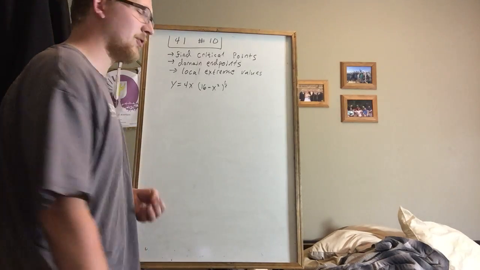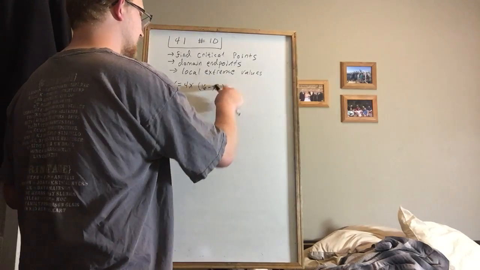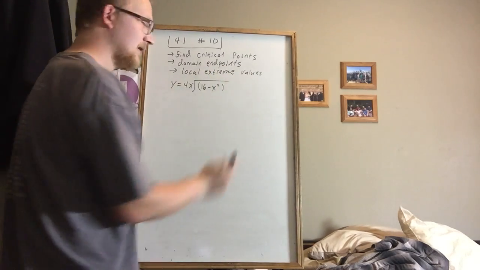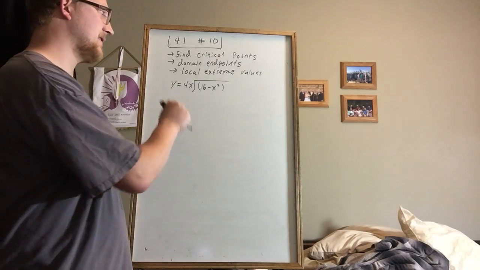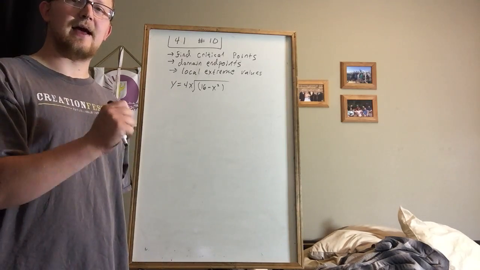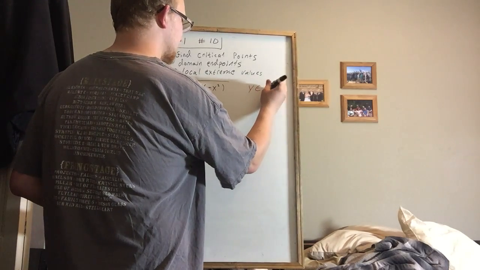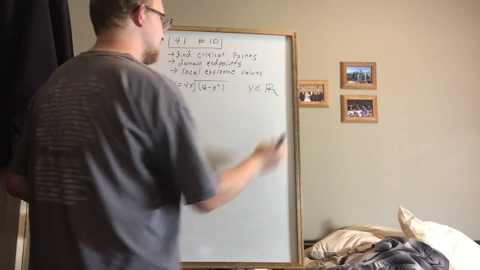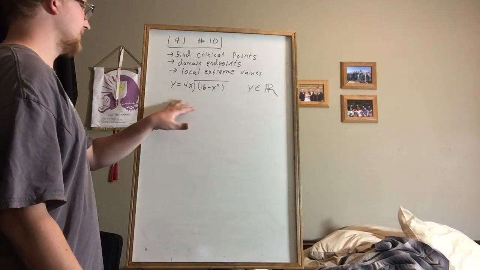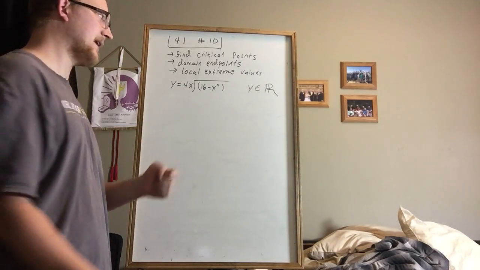The first thing that's important to note is finding out where this graph can be, so what values of x it can have, while still allowing y to be an element of the real numbers. So we want y to be an element of the real numbers. And so we don't want any complex numbers, which means we can't take the square root of any negative numbers.